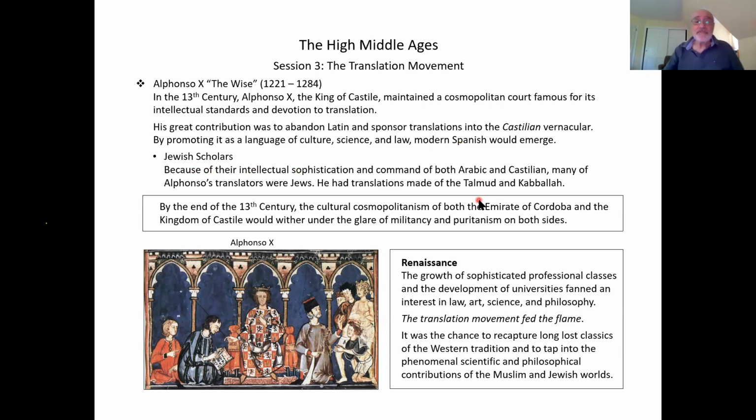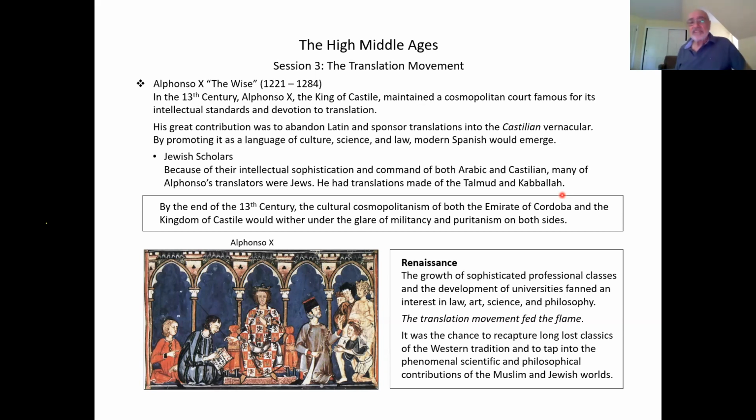Jewish scholars, because of their intellectual sophistication and command of both Arabic and Castilian, many of Alfonso's translators were Jews. And he had translations made of Talmud and the Kabbalah. The Kabbalah, by the way, the mystical Jewish tradition, was really developed in Provence in the early part of the 13th century.